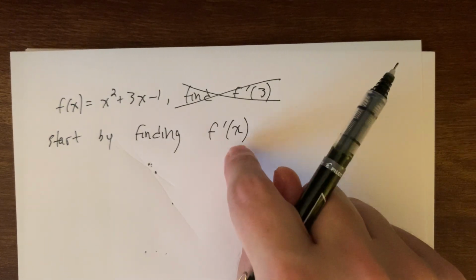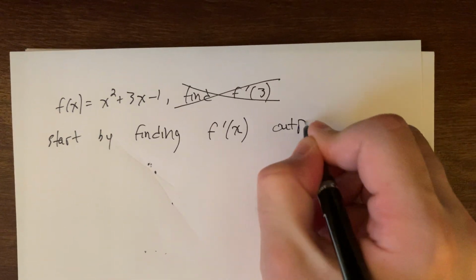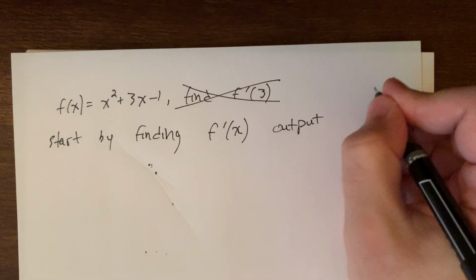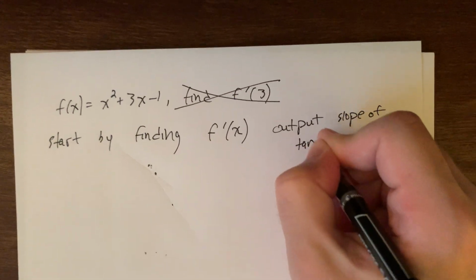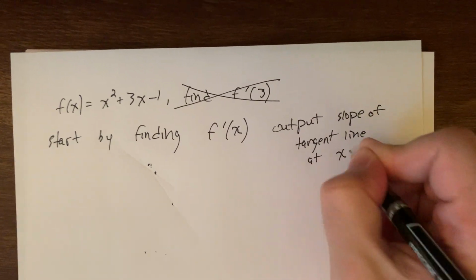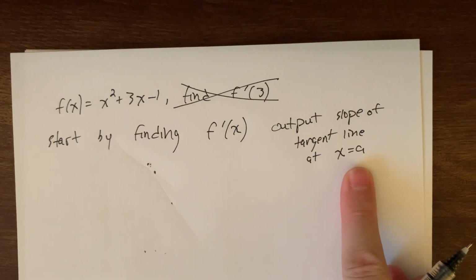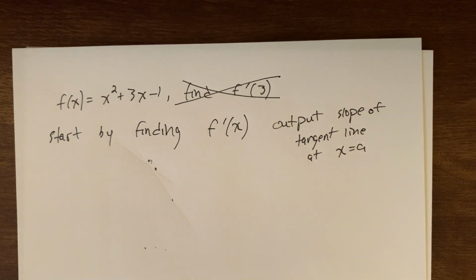You're still inputting an x, but the output is no longer the y, the output is the slope of the tangent line at that particular x value. And again, these are functions. The x is enough. I don't need the xy pair. The x is enough to tell us where we need to look on our function.